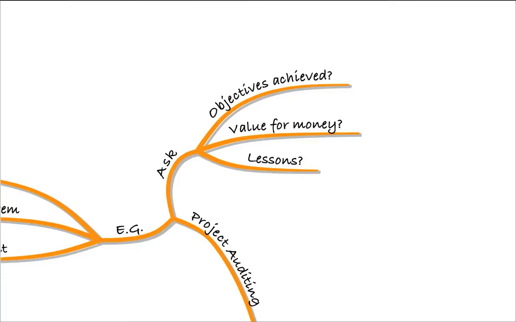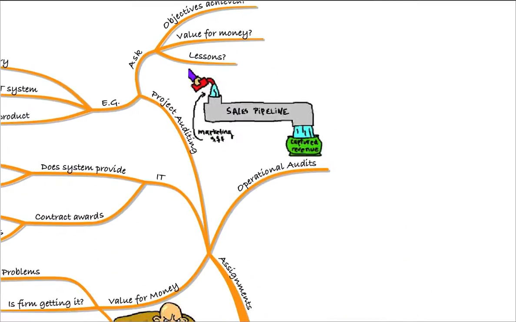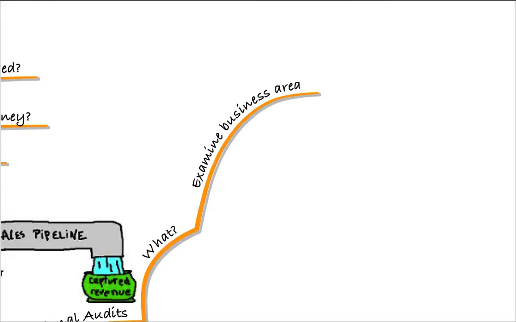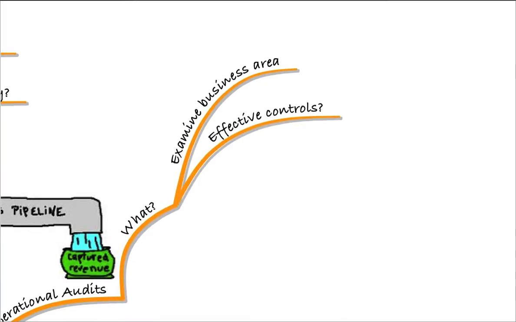One of the main things that internal audit will be doing throughout the year and throughout the organisation is operational audits. So what do we mean when we say operational audits? Well, this is where we're looking at specific business areas. So we're looking at a specific business area and we're asking ourselves, have we got effective controls in place?